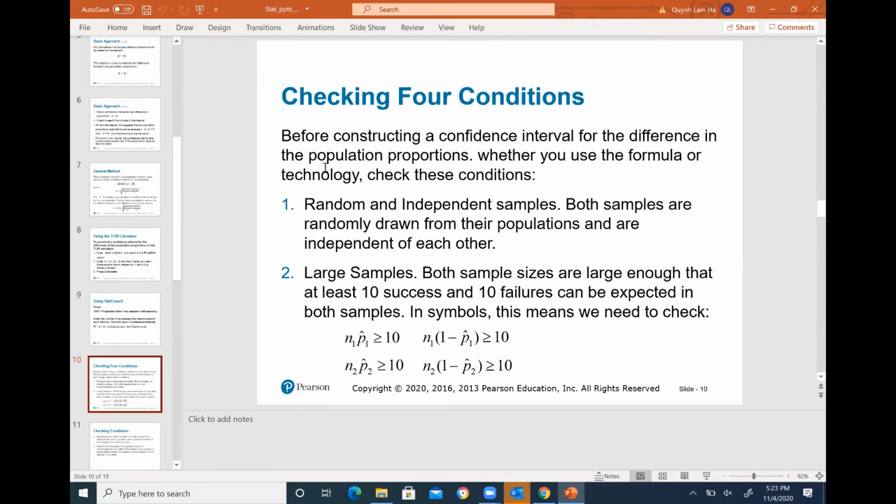Before we do the steps again, we still check the central limit theorem requirements. It looks like the same thing, but you just add that both samples are random and independent. You also test for proportion 1, and then you test for proportion 2. Don't skip this.